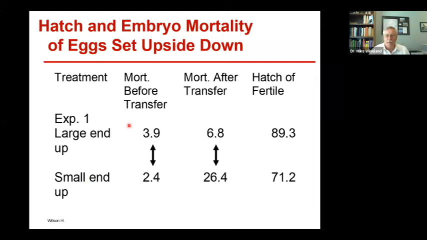You can see the mortality before transfer wasn't really much different. But the mortality that occurred after transfer, because they were set small end up, had increased fourfold, as you can see here. And of course, that resulted in a reduced hatch of fertile.